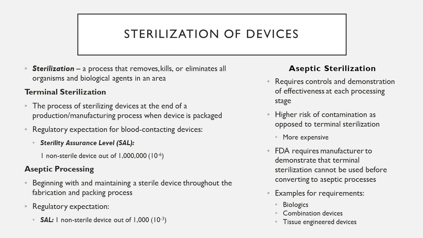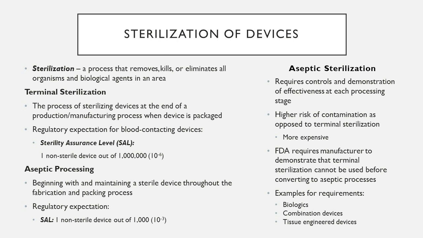It's because there's a high risk of contamination at each one of these steps, as opposed to terminal sterilization processes, which can be handled under much less rigorous conditions given that you're sterilizing the product at the very end of the cycle, not having to handle it aseptically throughout the entire cycle. And these quality control measures are not only much more difficult, but they're also much more expensive for the manufacturer.